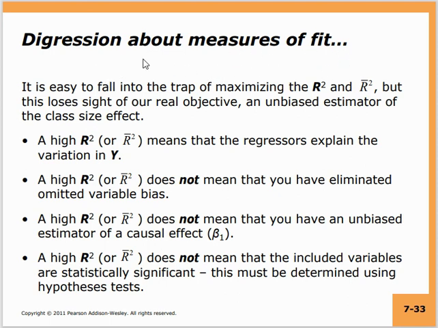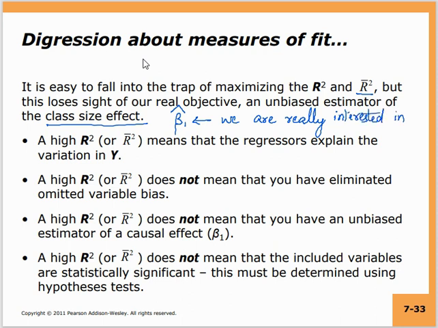It is easy to fall into the trap of maximizing the R square and the adjusted R square, but this loses sight of our real objective: an unbiased estimator of the class size effect, or an unbiased estimator of beta 1 hat. This is what we are really interested in: an unbiased estimator of the beta 1 hat, or the size of the effect of an independent variable on the dependent variable.